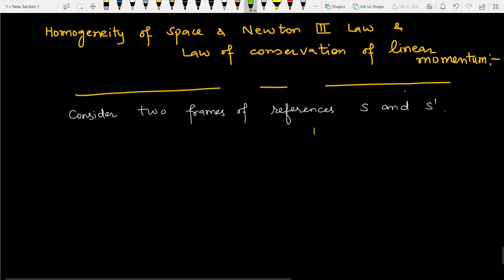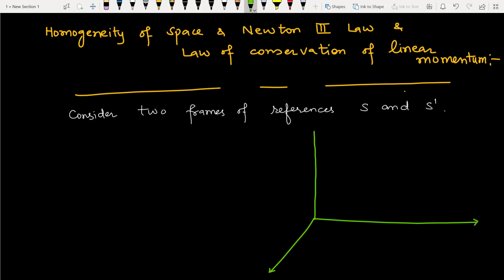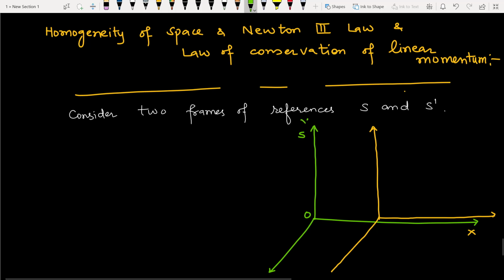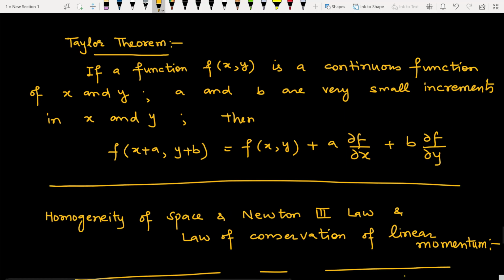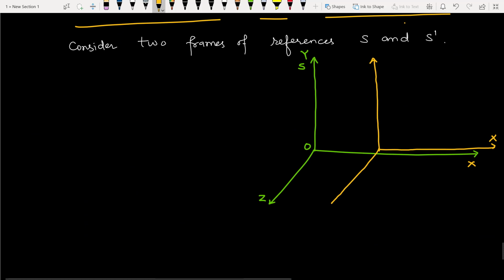This is the S frame having origin at O. This is the S dash frame, with x-axis, y-axis, z-axis, and x dash axis, y dash axis, z dash axis, and origin at O dash.